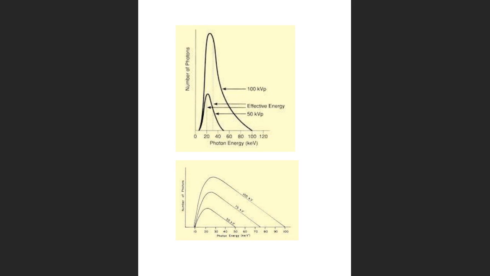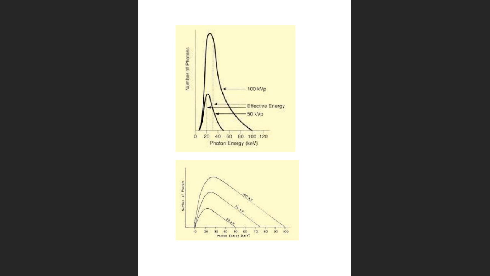So you see how the shift in the average energy moves over. Now the average energy is around 30 keV, versus being at the low side at 20 as the average energy at 50 kVp.